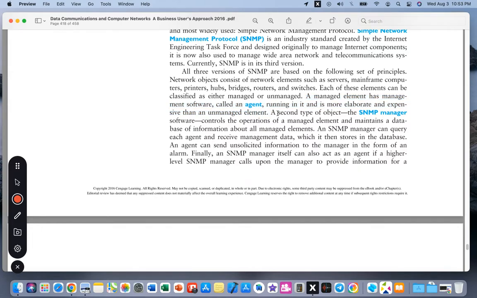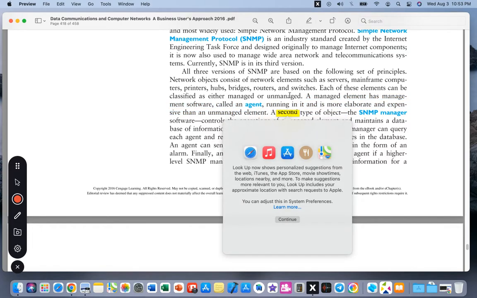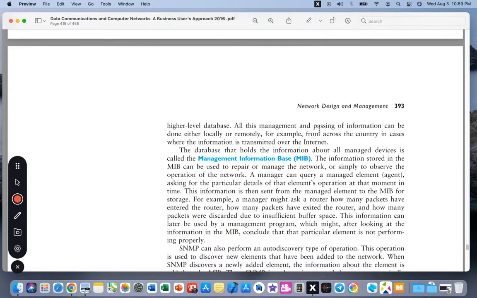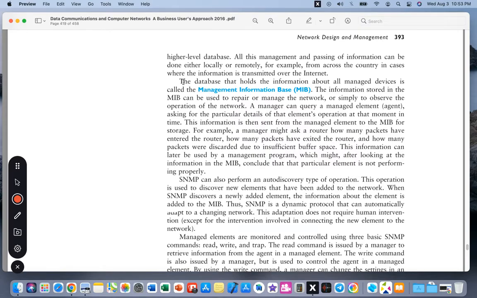A second type of object, the SNMP manager software, controls the operation of a managed element and maintains a database of information about all managed elements. The database that holds the information about all managed devices is called the Management Information Base, MIB.